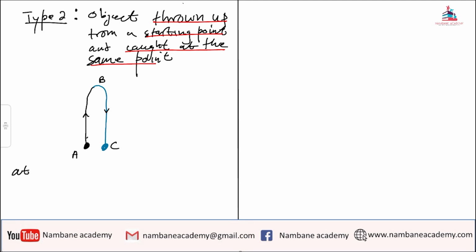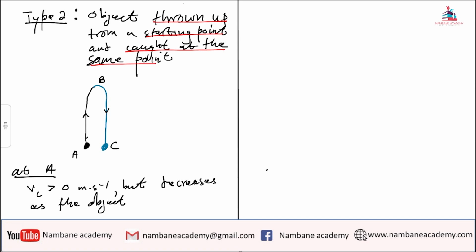I can say at A, V initial is greater than 0 meters per second. It's true. But it decreases as the object approaches B.